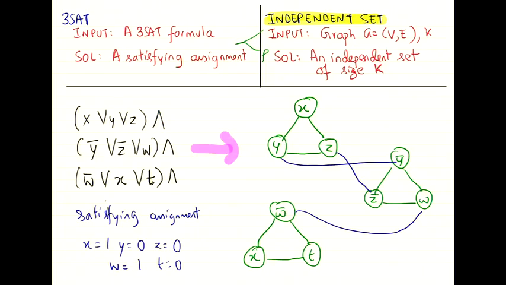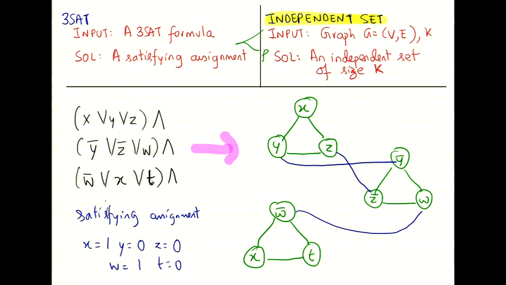So that's what we did here. We took the 3 clauses. For each clause, we introduced this green triangle. And then for every pair of vertices labeled by negations, we added an edge between them. So there's y to not y, and w to not w, and so on, and z to not z. So that's the graph. That's how you convert a 3-SAT formula into a graph.